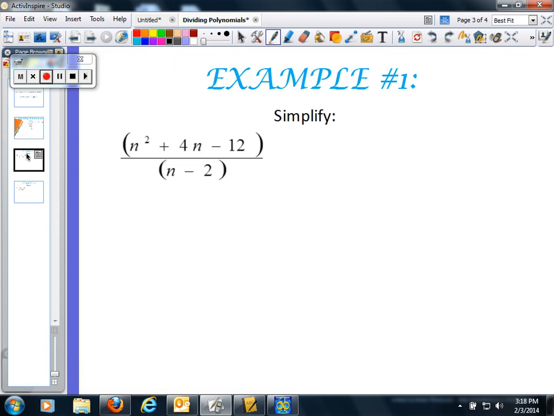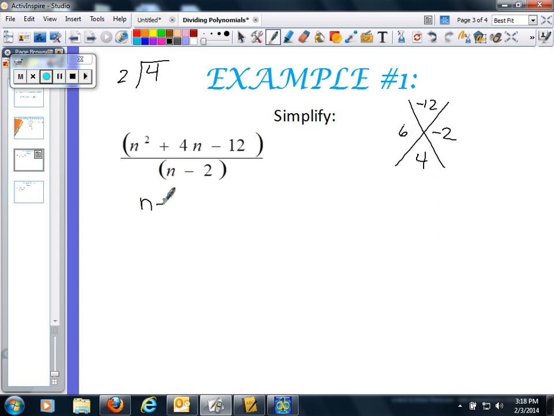So the first thing you want to do here is check and see first, does this factor and does this go into it evenly? Just like if I had the number 4 over 2, I know that this goes into 4, so I would be able to do the division. So we're going to start by factoring the numerator. This is going to be negative 12, positive 4, which means my factors will be 6 and negative 2.